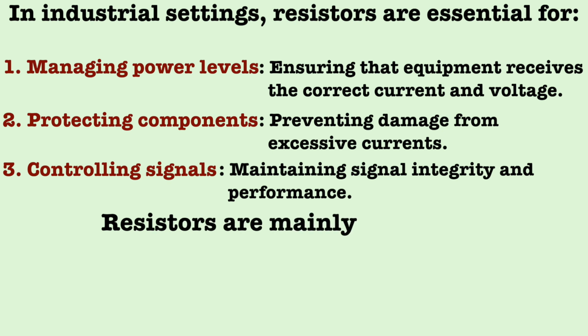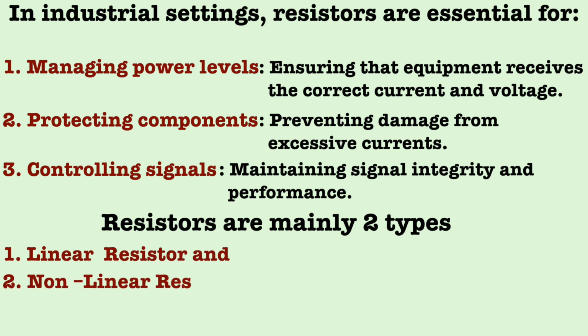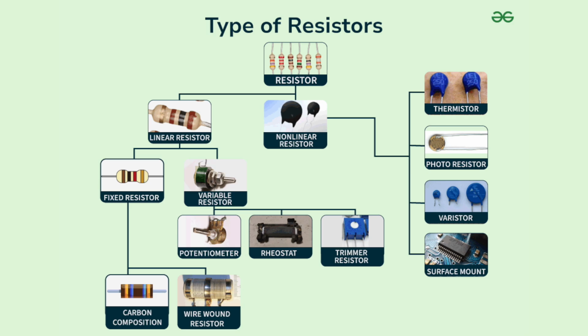Resistors are mainly of two types. They can be classified as linear resistors and non-linear resistors. You can see in the picture also how they look. If we talk about the linear resistor, it can be classified as fixed resistor and variable resistor, and fixed resistors can also be classified as carbon composition and wire wound resistors.